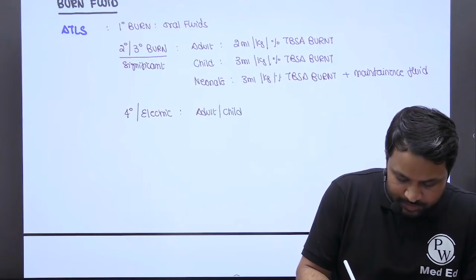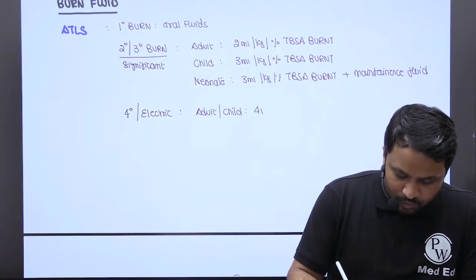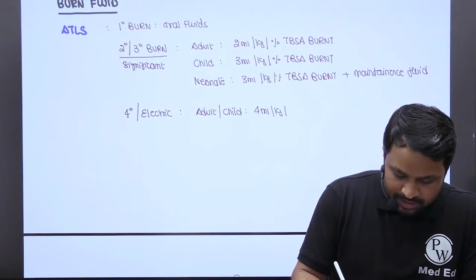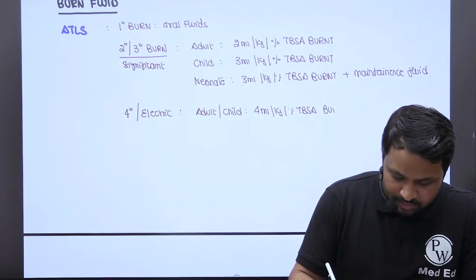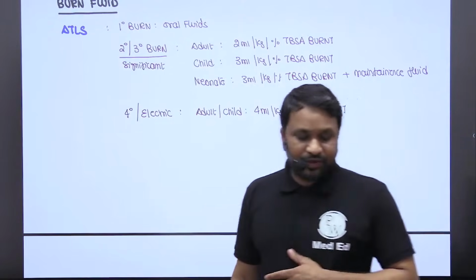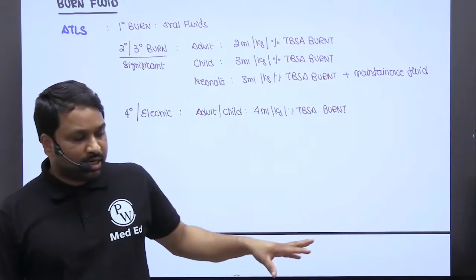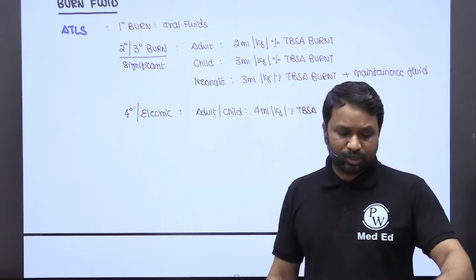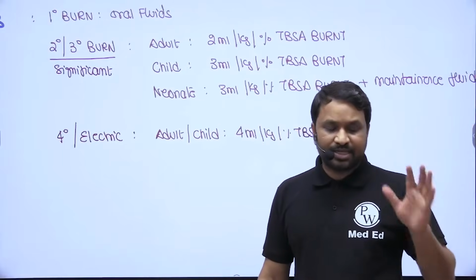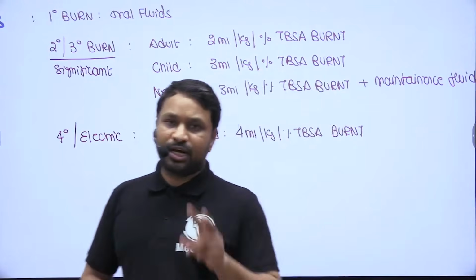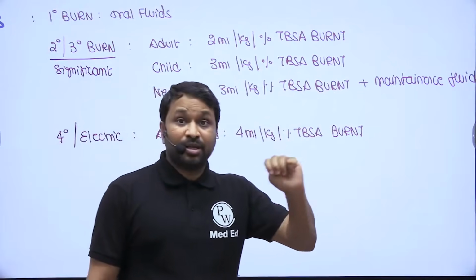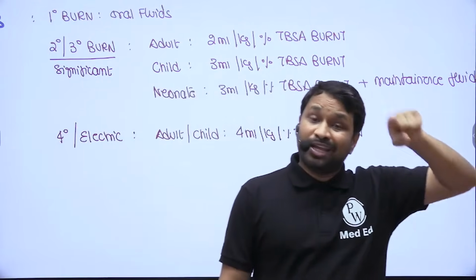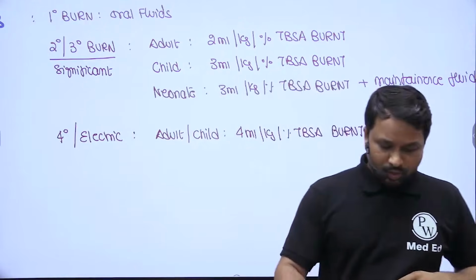In both these patients, I will use 4 ml per kg per percentage of total body surface area burnt. But if it is a second degree or third degree burn, if it is an adult, it is 2 ml, child 3 ml, neonate 3 ml, with the maintenance fluid that you have to give, right?